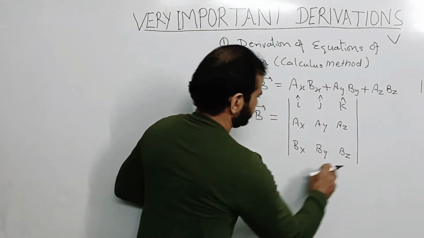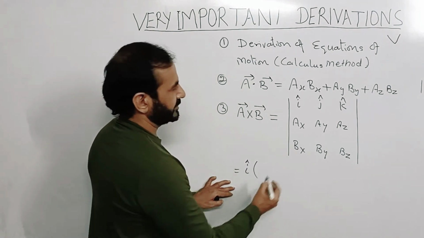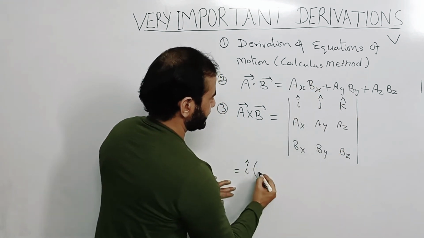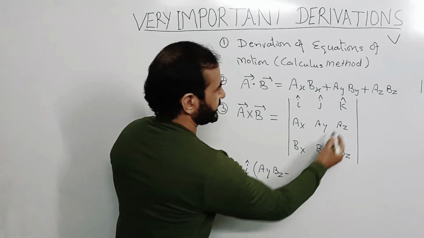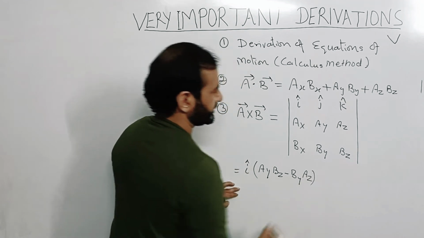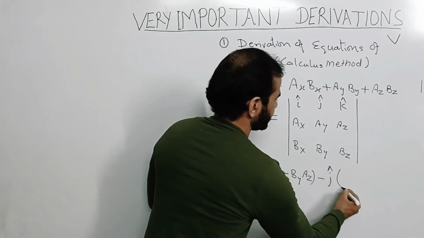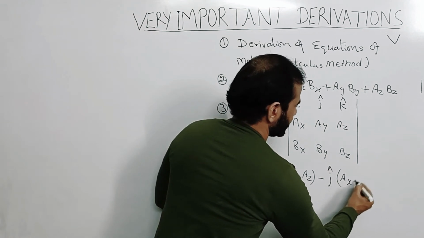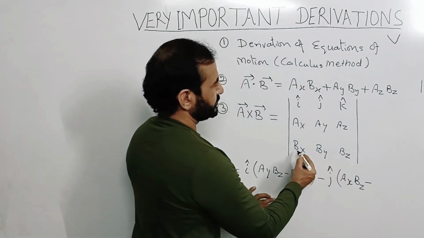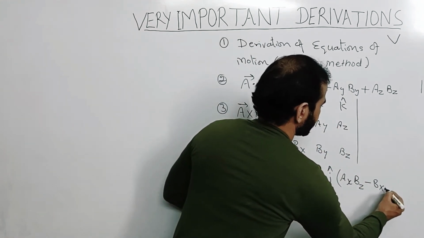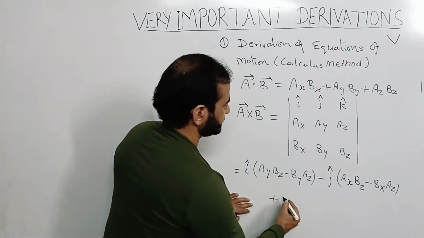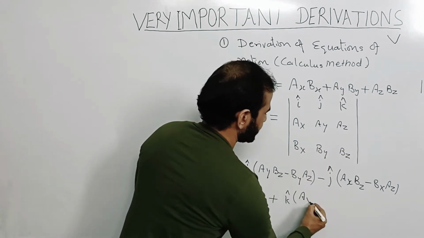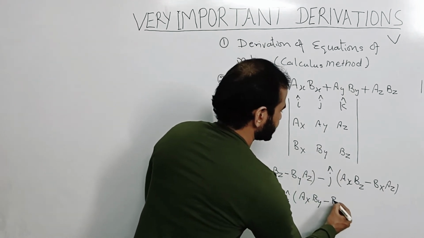It can be written in this form: equal to i, hide the row and column containing i, then ay bz minus by az, minus j, then hide the column containing j and row, ax bz minus bx az, plus k cap, hide row and column containing k, ax by minus bx ay.